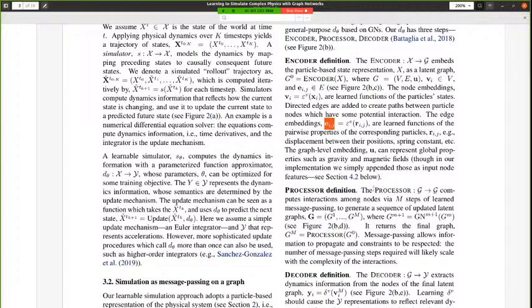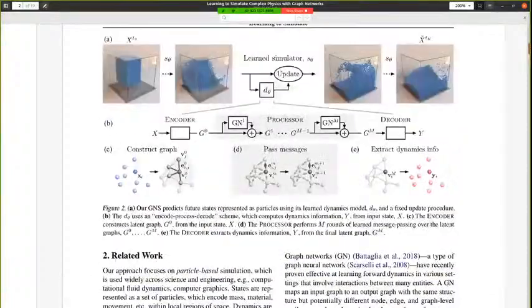And then you have this processor, which is this interaction network. This takes a graph and it produces another graph through a sequence of message passing steps, where messages are passed by each of the vertices along all of its neighboring vertices via the edges in one message passing step.